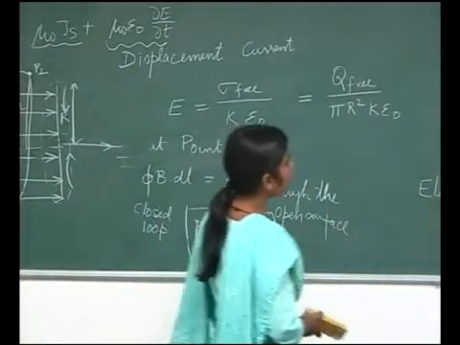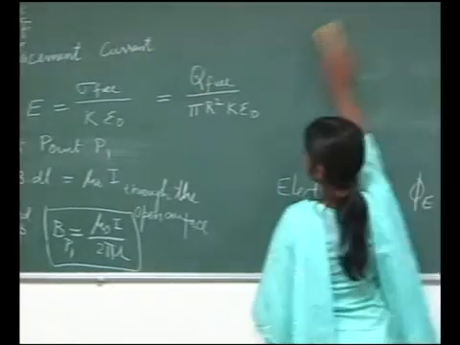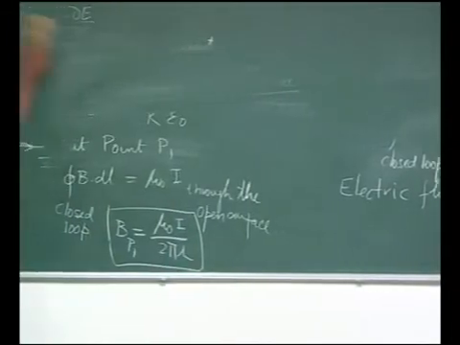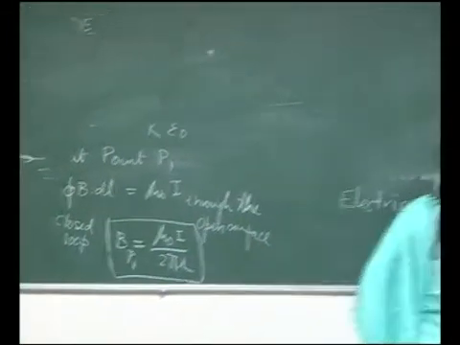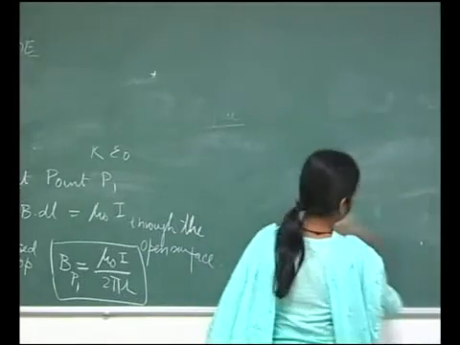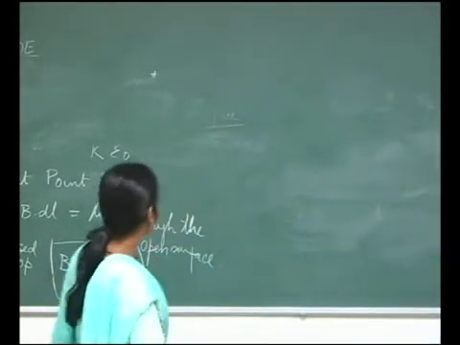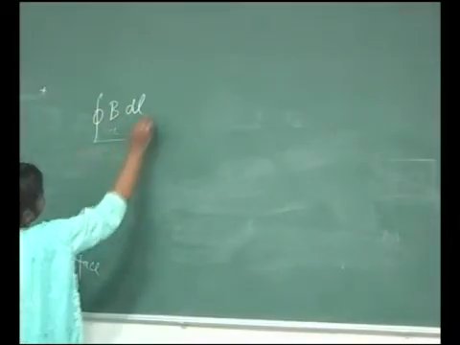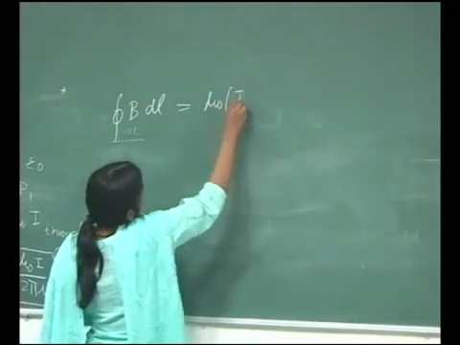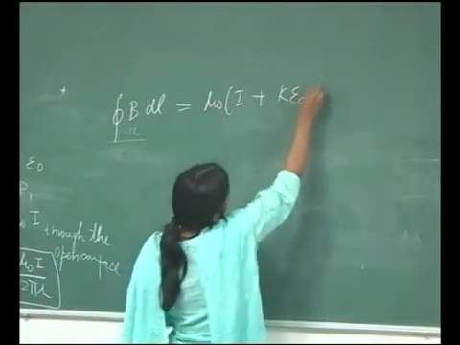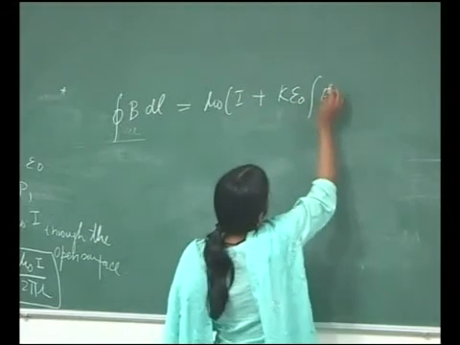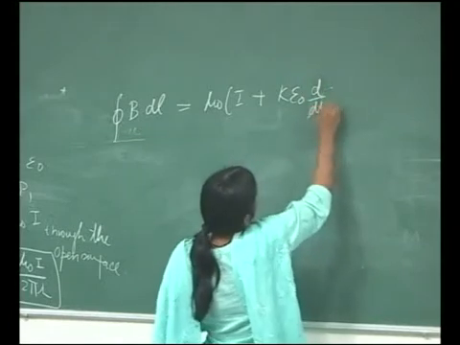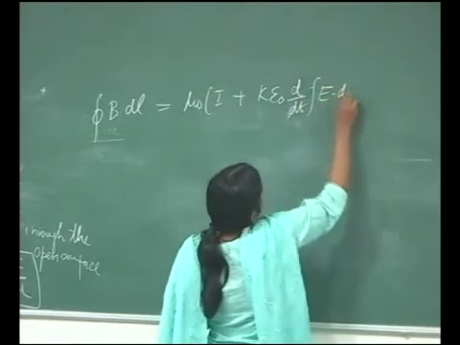So, I will remove this and probably we also do not need this. So, he said that the Ampere law should look like this. The law looks like this now: B dot dl over a closed loop is equal to mu 0 I plus k epsilon naught d by dt of integral E dot dA.